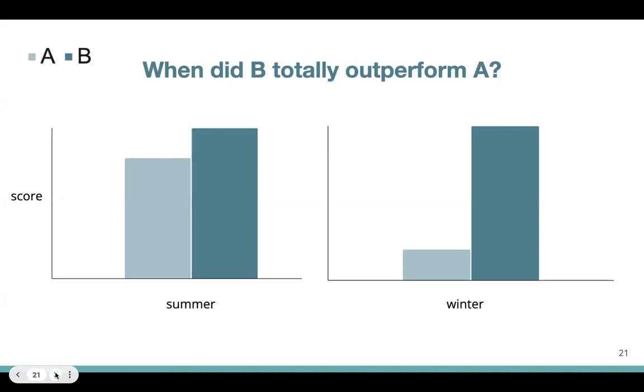Did it totally outperform A, like blow it out, like a crushing defeat? In which case do you think that's happening? Is it in the summer or the winter? I'll give you a couple of seconds to think about it. You can pause your video right now.